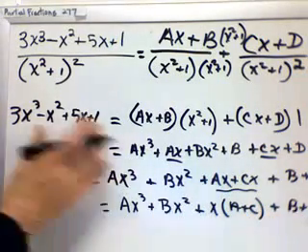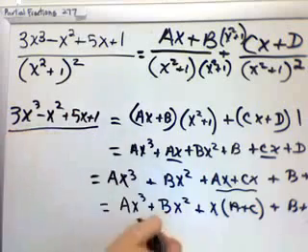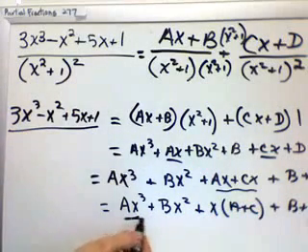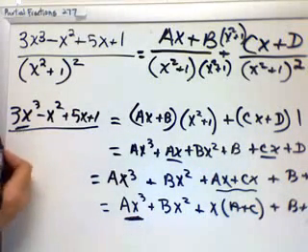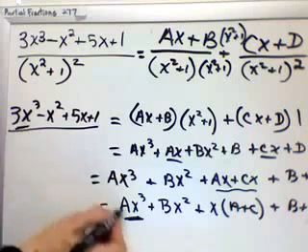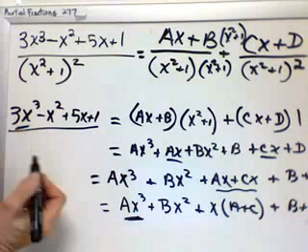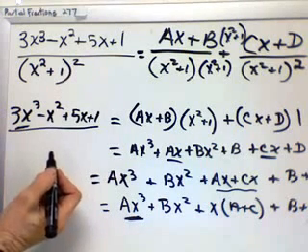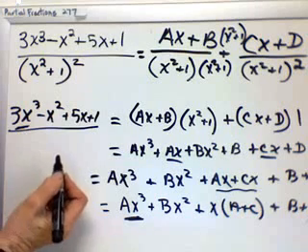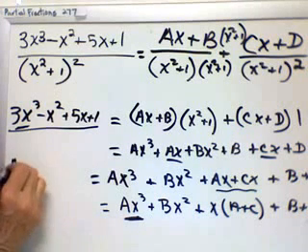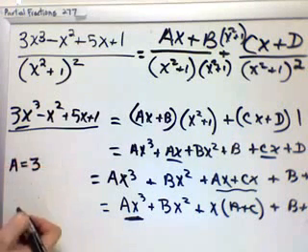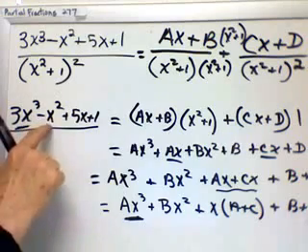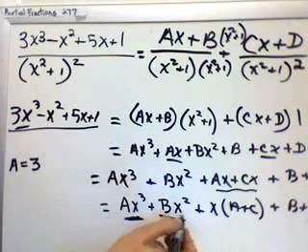Now, hopefully you can see how similar these two sections are. I have an x to the third term here, and an x to the third term here. So what must we know about those coefficients? Right, they have to be equal. So a equals 3. No solving there. All right, the x squared coefficients must be equal.